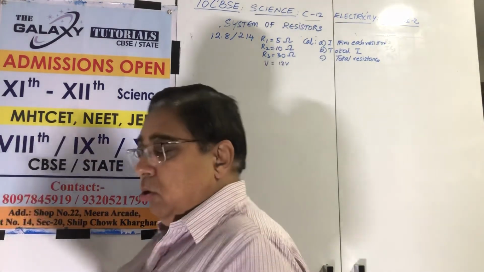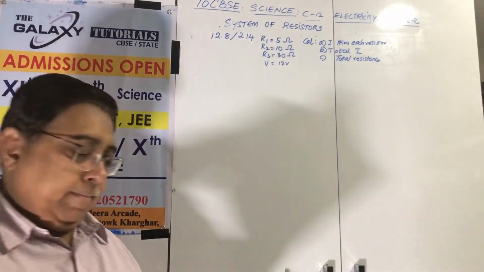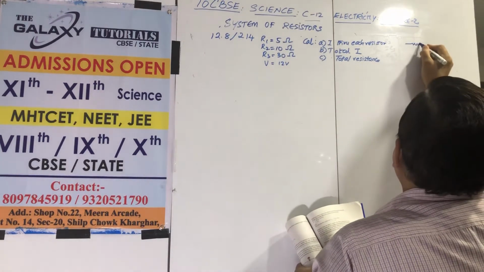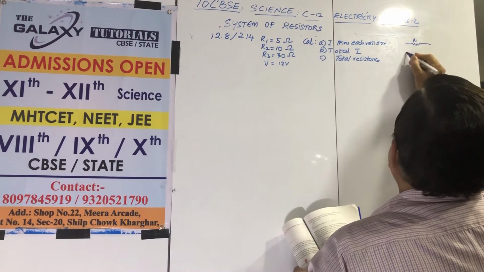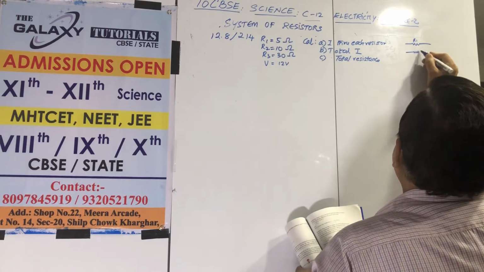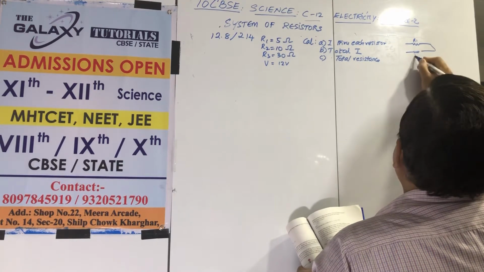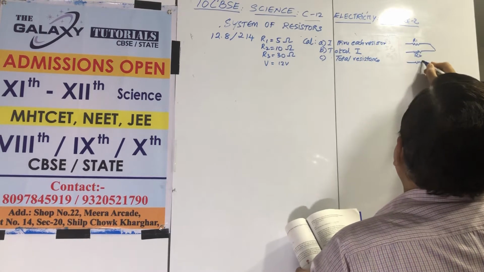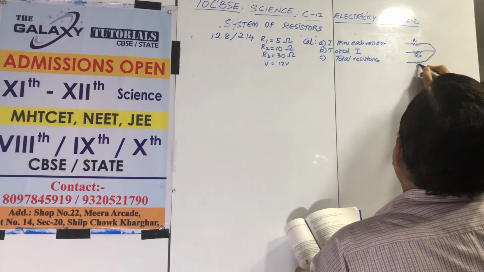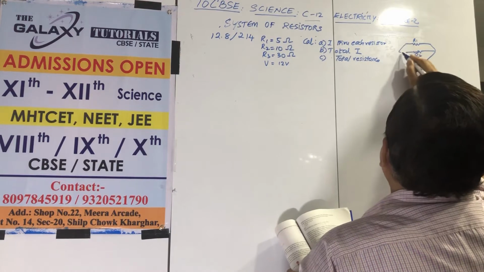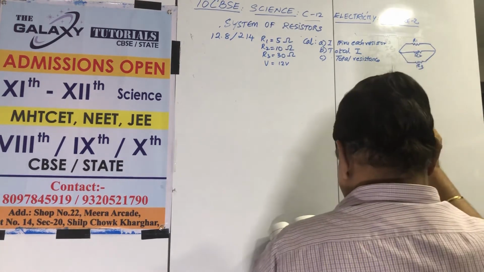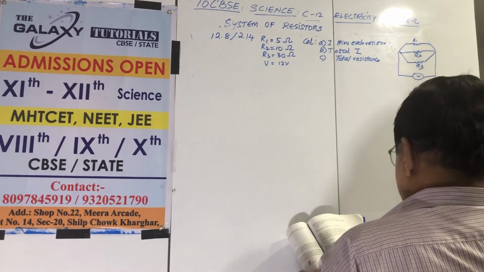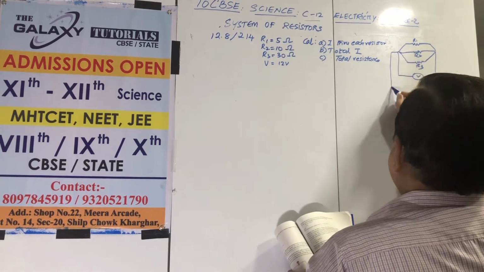Diagram I'm putting on the board. R1, R2, R3, and then voltmeter across, followed by the other circuit.